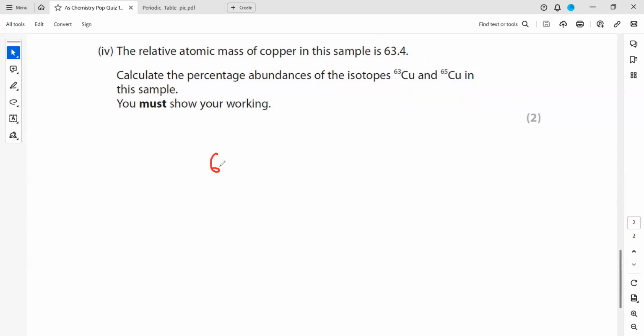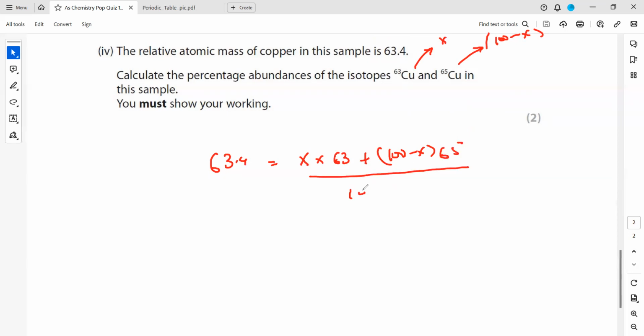So the average mass is 63.4. If this is x, this will be 100 minus x. So the percentage of this isotope is x, multiplied by 63, plus 100 minus x multiplied by 65, and the total sum is divided by 100. Then we solve for x: 63.4 equals 63x plus 6500 minus 65x, over 100.